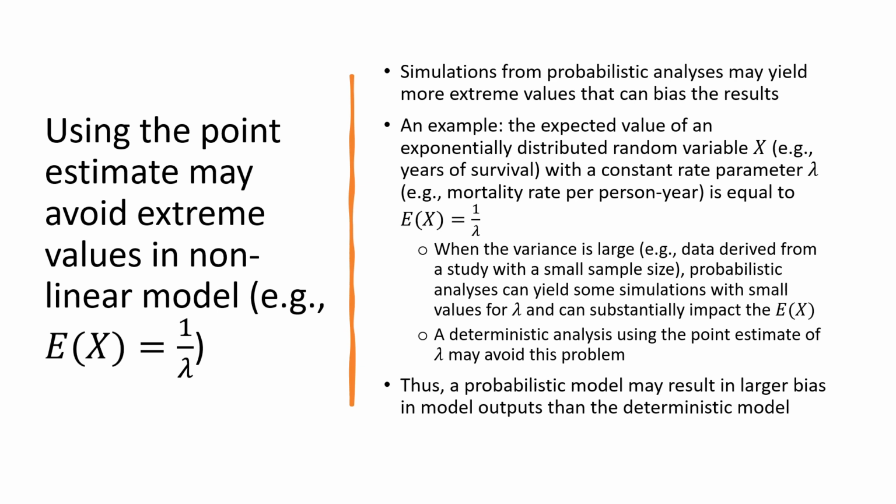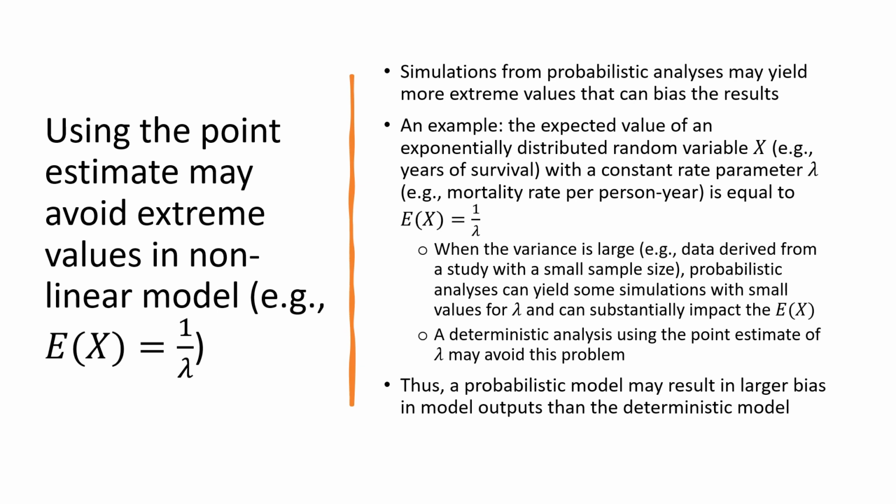For example, the expected value of an exponentially distributed random variable x, years of survival, with a constant rate parameter lambda, mortality rate per person year, is equal to the multiplicative inverse of lambda.